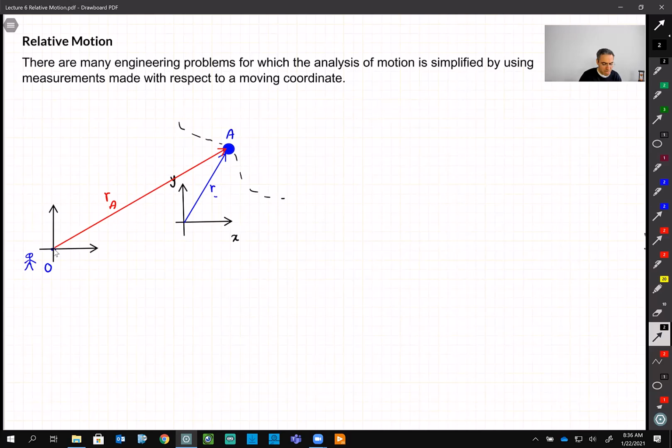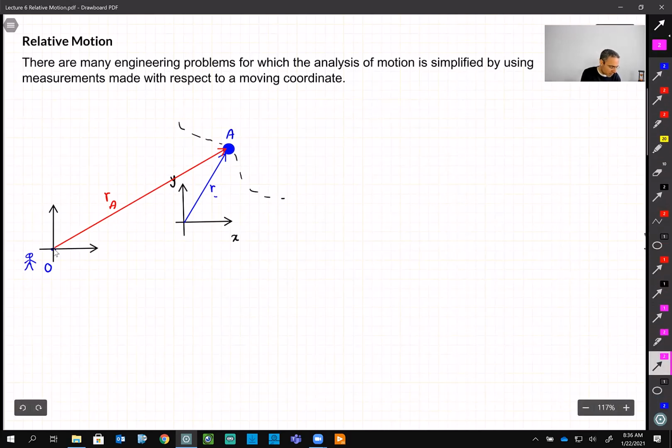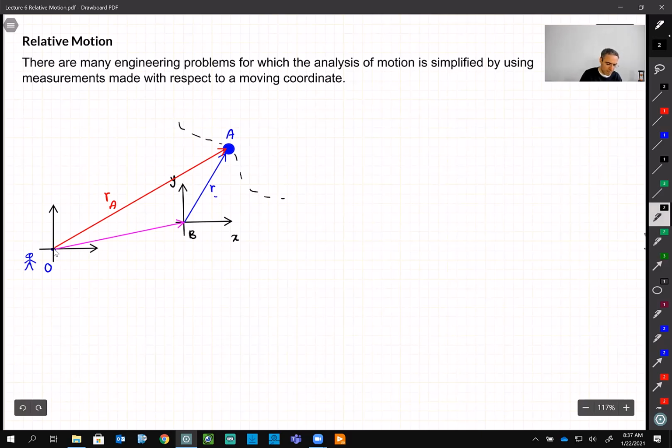And maybe, like in this question, we have the information for the axis, but not for point A. Let's call this point B, and we have RB.